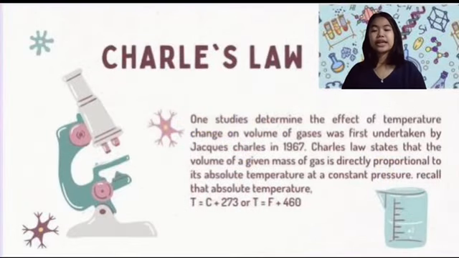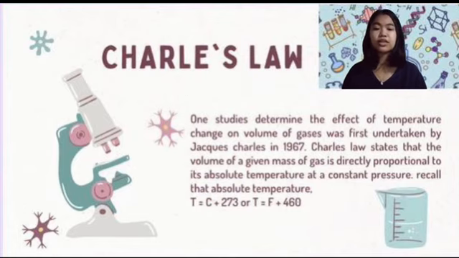The study to determine the effect of temperature change on the volume of gases was first undertaken by Charles in 1787. Charles' law states that the volume of a given mass of gas is directly proportional to its absolute temperature at constant pressure. Recall that absolute temperature T equals degrees Celsius plus 273, or T equals degrees Fahrenheit plus 460.